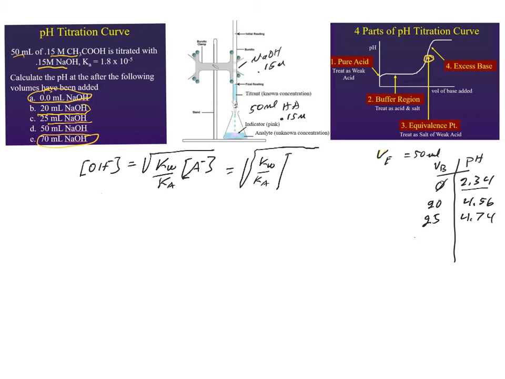and the amount of acetate is either the molarity of the acid times the initial acid volume, or the molarity of the base times the volume of the base at equivalence, because that's the definition of the equivalence point. They're equal. So I'm going to use the base. But I could have used the molarity of the acid times the volume of the acid that we started with.